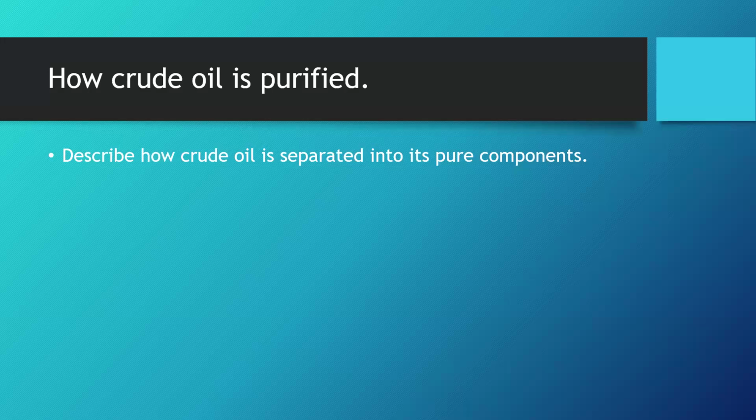So that means the ones with low boiling points will be collected off first, and then the rest will flow into the different trays at which they'll also be distilled off. So what are some of the components we find in crude oil? You can list them in the chat. What are some of the components we find in crude oil before we go into the separation?